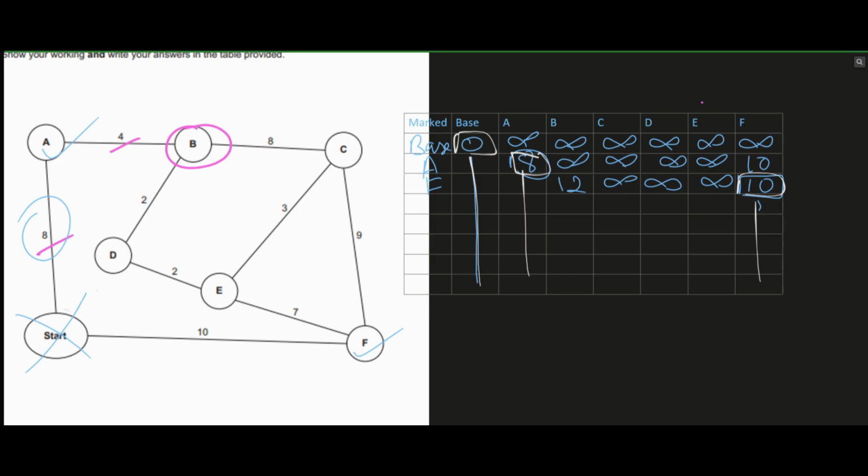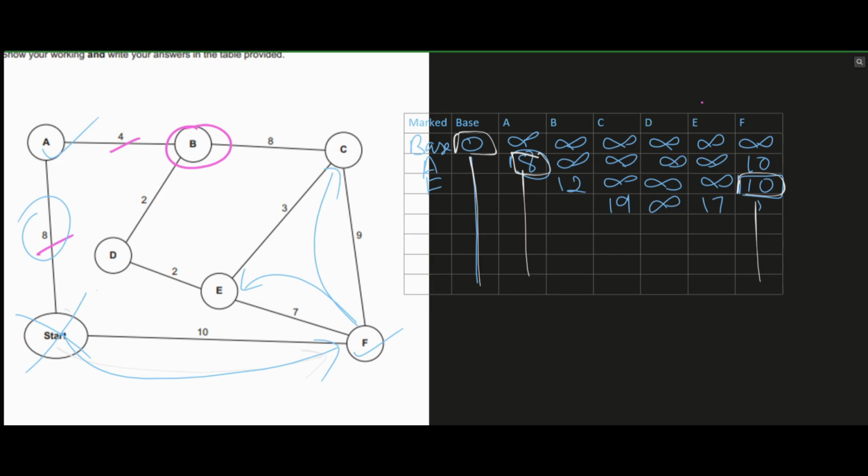I can go from start to F, then F to something. I can go to E or C. If I want to go to E, 10 plus 7 is 17. Then 10 plus 9 is 19 for C.